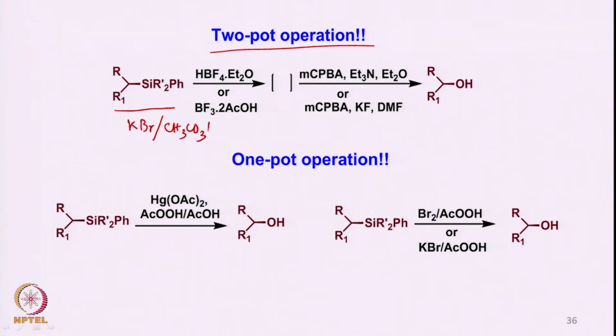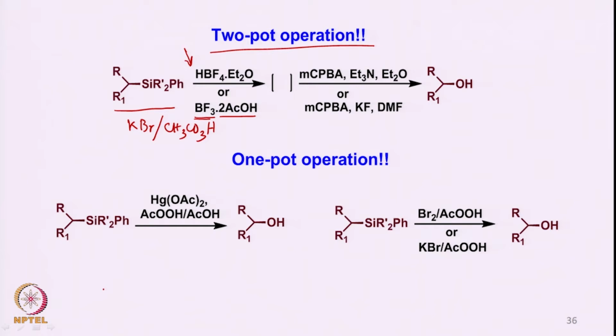But one can also use somewhat different reagent systems such as HBF4, fluoroboric acid, or a BF3 etherate and acetic acid combination, and these act as a source of proton as well as F minus as a nucleophile.